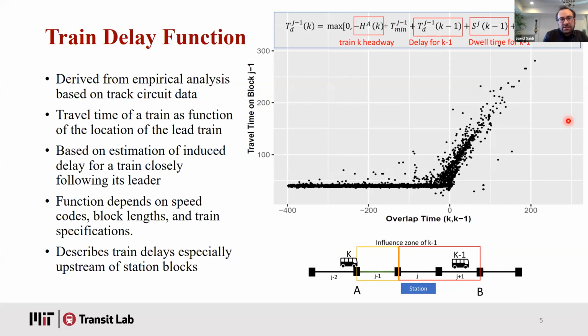And this delay is really a function of the headway of the train K with respect to its previous train, the delay of the previous train on the same block, and the dwell time of the previous train. And the shape of this curve really varies by block. That depends on the speed codes, lengths of blocks, or train specifications.